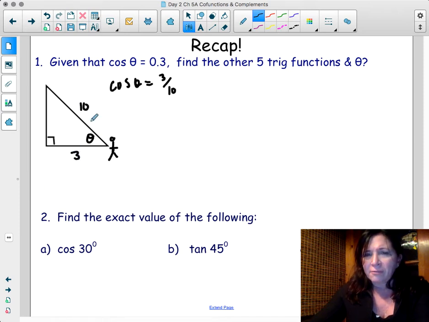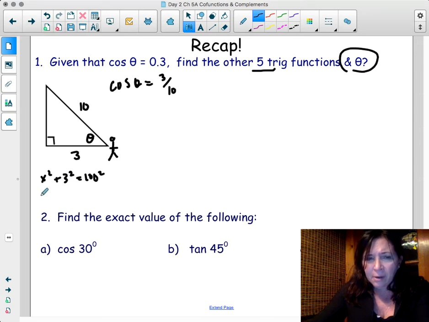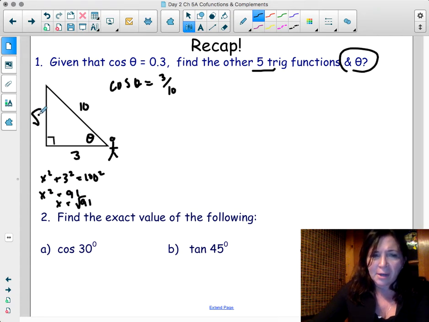Before I can find the other 5 trig functions for theta, I need to know what my third side is. So I'm going to use the Pythagorean Theorem. I'm just going to call that x for right now. So x squared plus 3 squared is equal to 10 squared. So x squared equals 100 minus 9, which is 91. So x equals the square root of 91. So this value right here is the square root of 91.